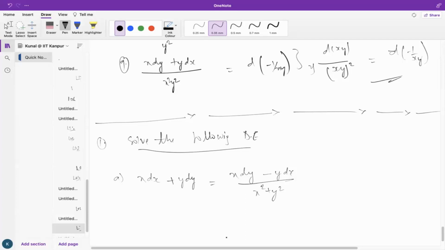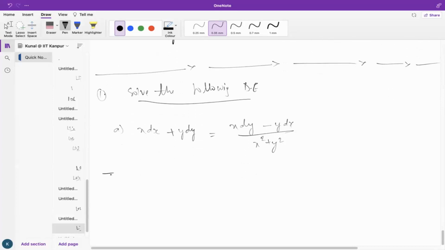So we can do it by some other method as well. So let's try to look at it. What we can do here is, this is actually written as d of (x square plus y square) divided by 2 is equal to (x dy minus y dx) divided by x square into (1 plus (y by x) whole square).